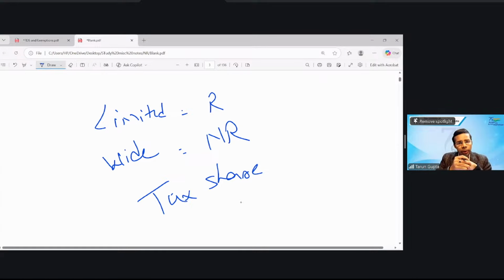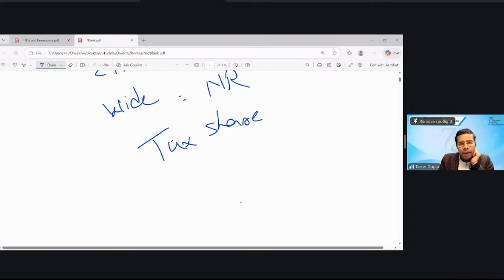Even if TDS has not been deducted, the government can recover the tax from the resident, but it's not the same in case of non-resident. It's very difficult to recover tax from the non-resident because the Indian government has no locational jurisdiction over such non-resident, and therefore the responsibility is put on the payer to first deduct the tax and only then make the payment. Okay, got it?